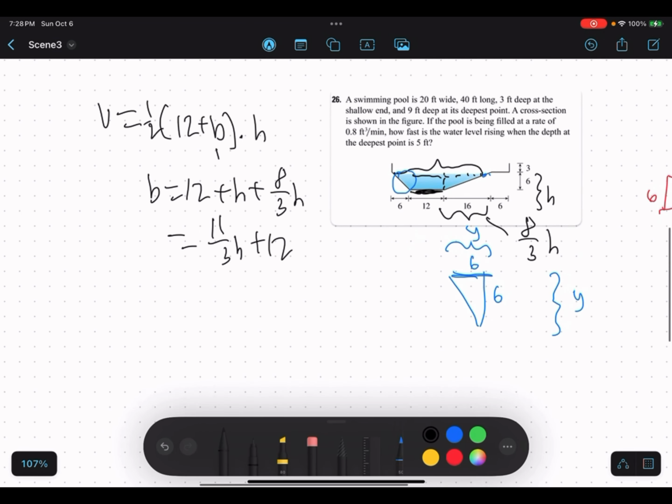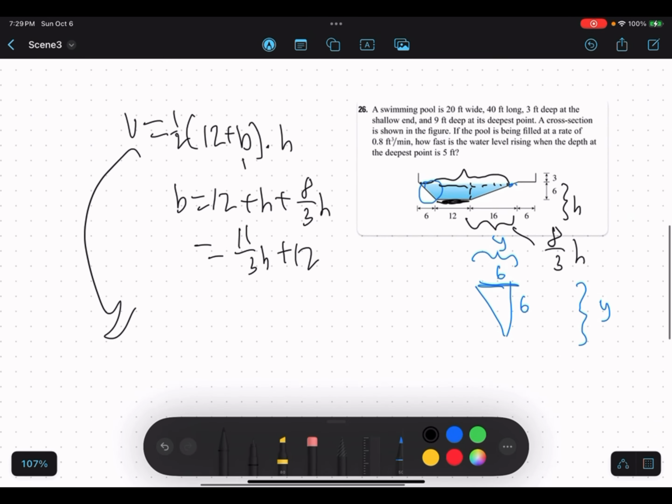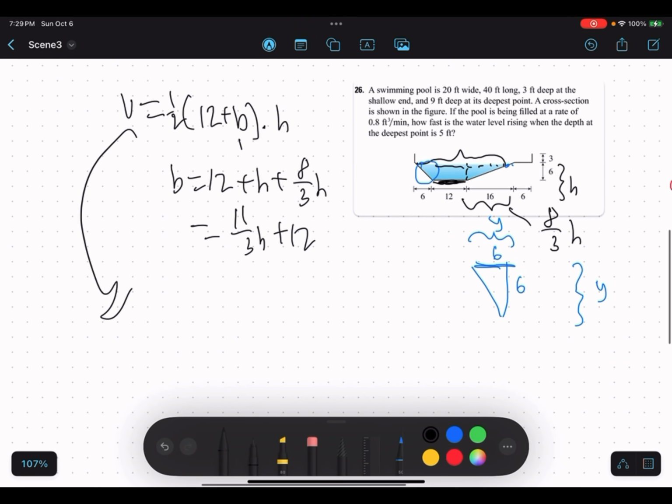Okay, now I go back to the volume formula. Oh, and by the way, you have to times 20 here. I forgot to do that, but it's fine. So volume equals 20 times 1/2 times h, right?